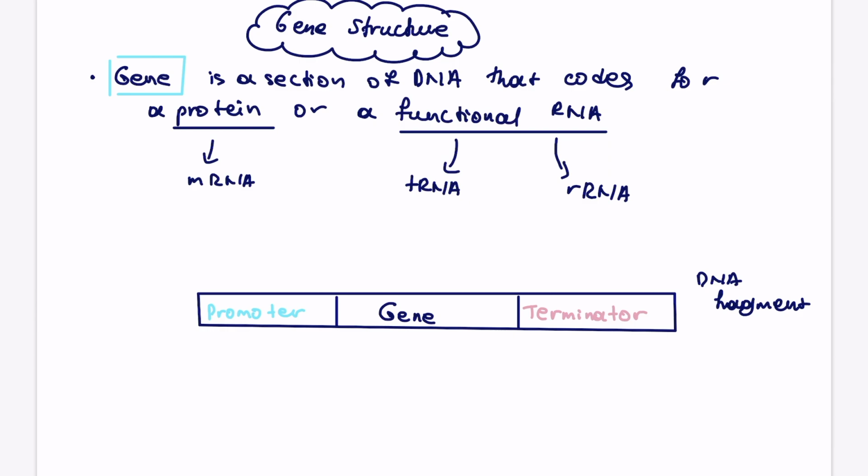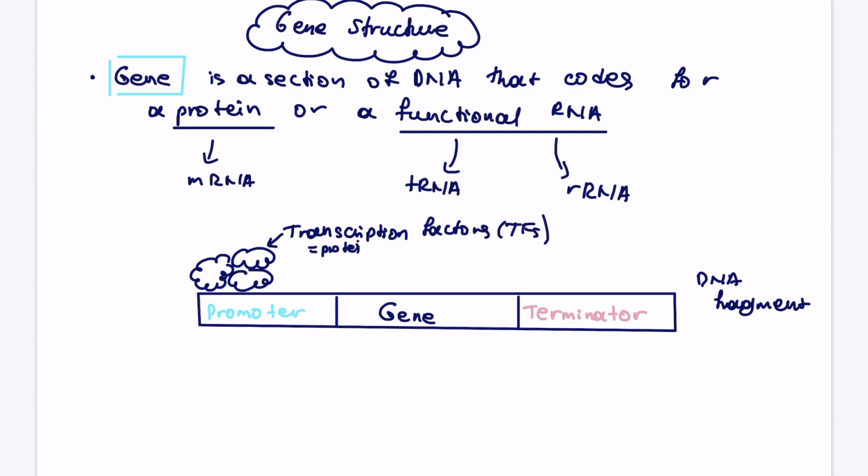And then there is a section called the terminator that marks the end of the gene. So the promoter is basically a sequence of DNA that marks the beginning of the gene, and it has many different components that are going to bind to it, primarily transcription factors. And transcription factors are proteins that will bind to the promoter.